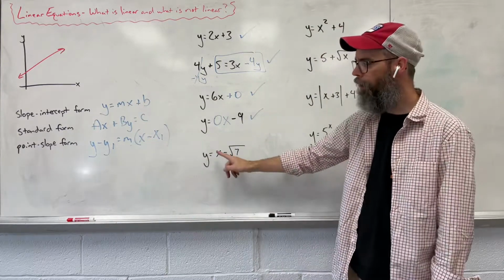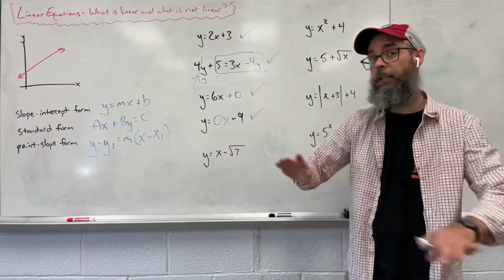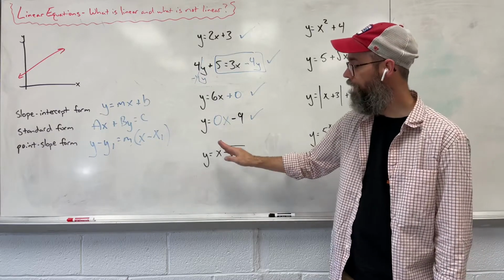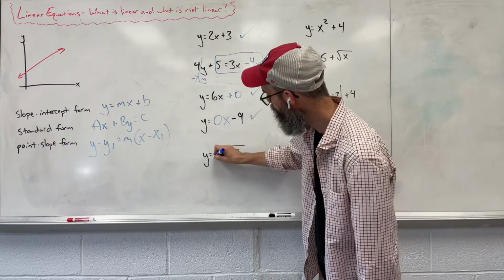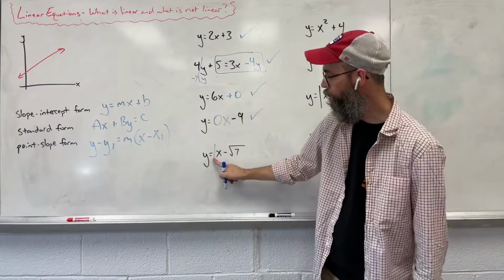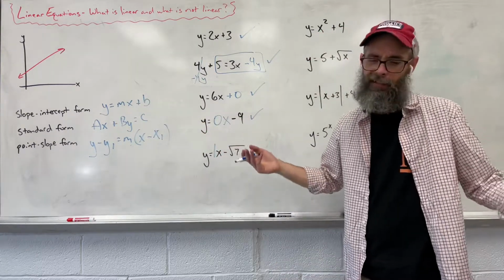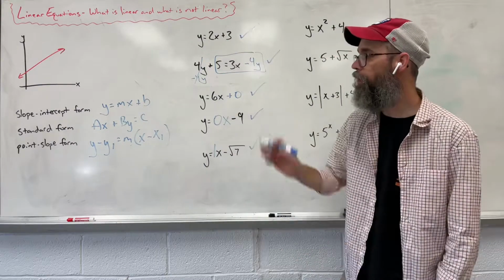We do have a number in front of x. Up here, the x didn't exist, so we needed a number to make it disappear. Down here it exists, but there's no number. There's a number that's always hidden that you don't have to show. That's 1. So now m is 1, and my b is this number. It's not an easy number to find, but it's a number. We like it. All these will be linear.